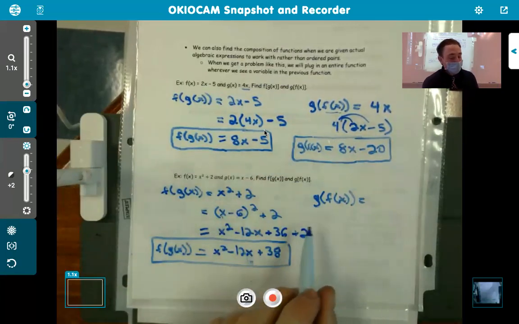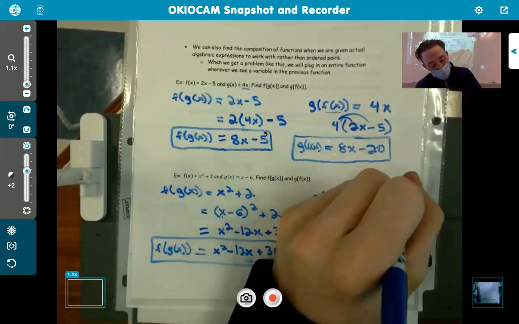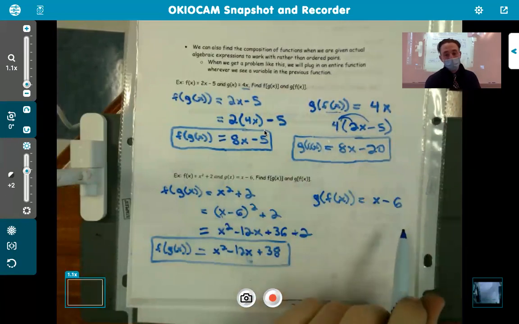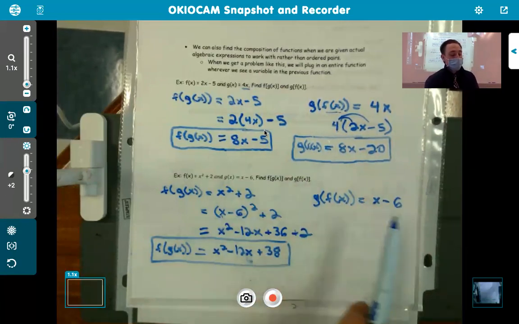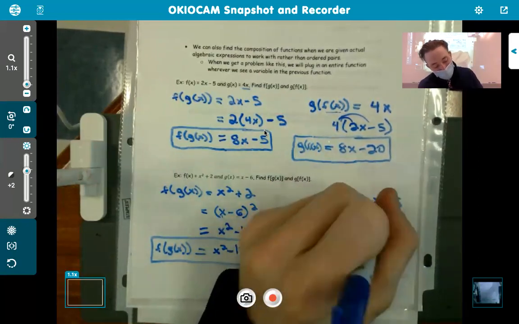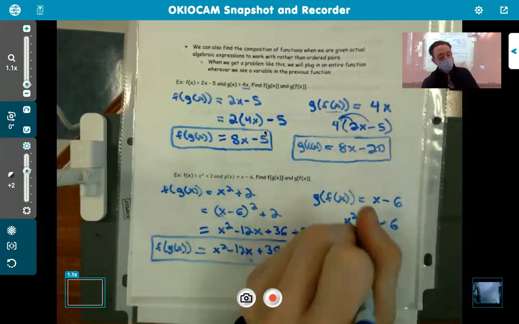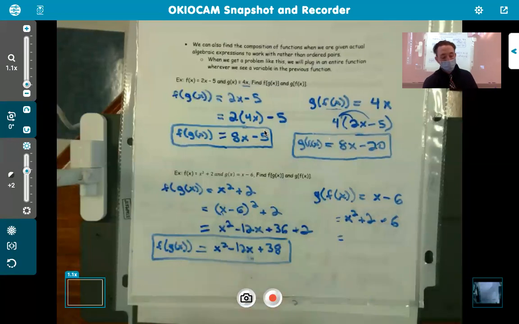Find g of f of x. So again, I'll write my outer function this time, which is x minus 6. And now wherever I see an x, what am I plugging in? Good. X squared plus 2. When I combine like terms, what do I get?